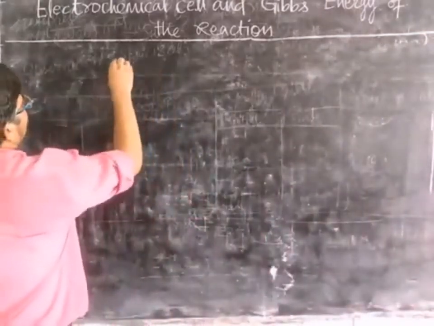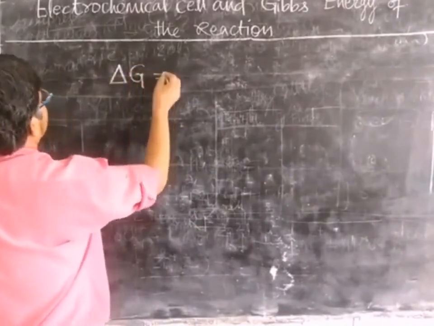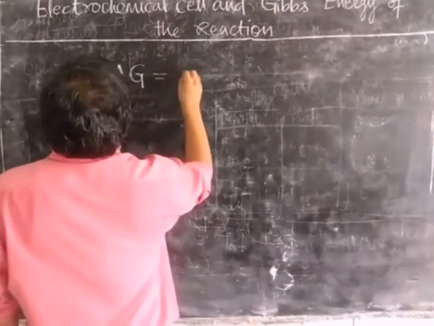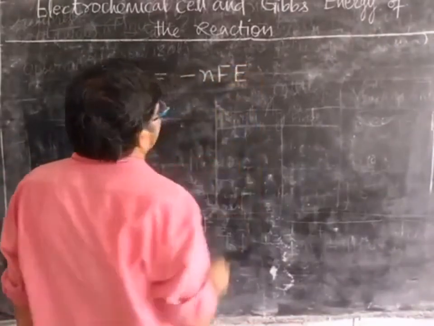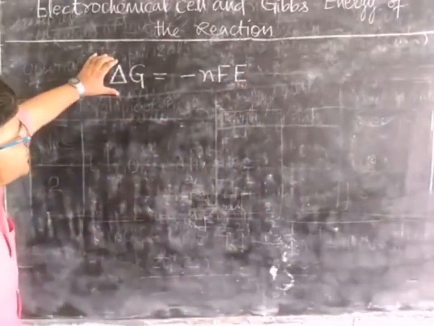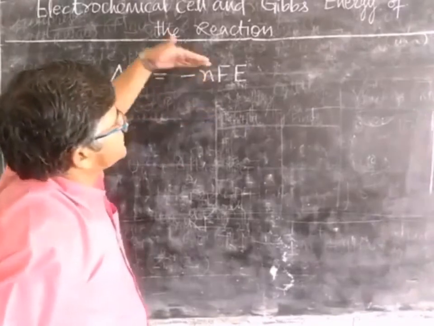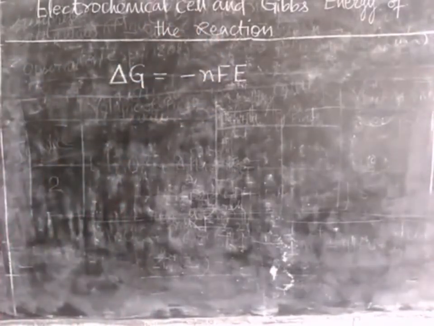It says delta G, Gibbs free energy, should be equal to minus nFE. Now we have Gibbs free energy, number of electrons, the Faraday constant, and then electric potential.